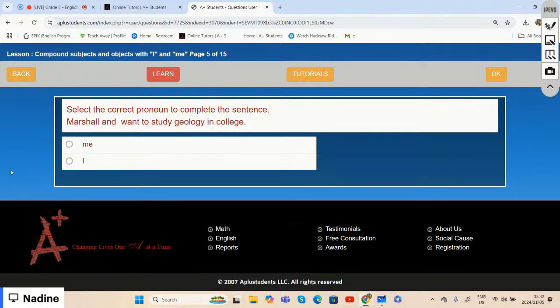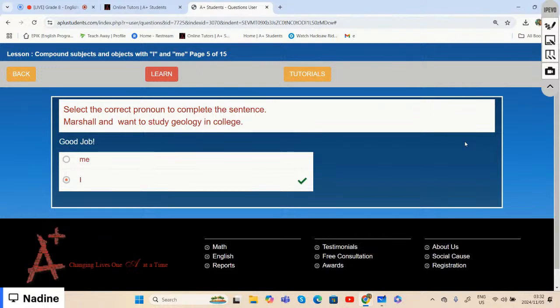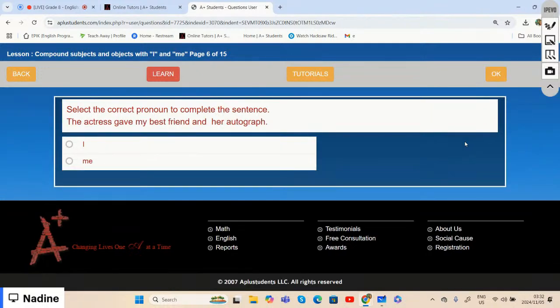And if we were to choose the correct option, we will say Marshall and I want to study geology in college. Well done. That is our subject pronoun. Well done. The actress gave my best friend and I her autograph, or the actress gave my best friend and me her autograph. Which one is correct?